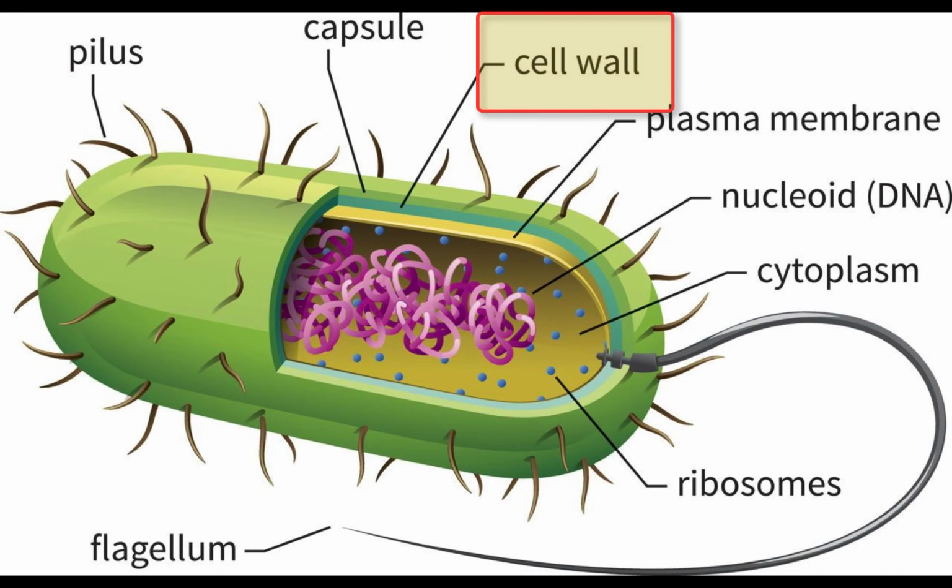You'll notice here, this is a bacterium, which is also a cell, and this bacterium has a cell wall. The cell wall, much like the plant cell wall, gives it structure. But the interesting thing here is that we use this bacterial cell wall as a target for antibiotics. So the neat thing here is, since we can target cell walls of bacteria with antibiotics, that means that the bacteria will get killed off by the antibiotics, but the antibiotics will not affect our cells, because remember, our cells do not have a cell wall.